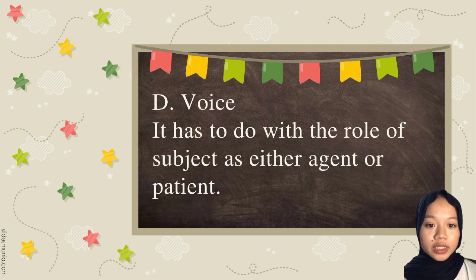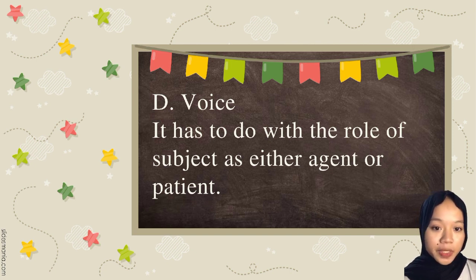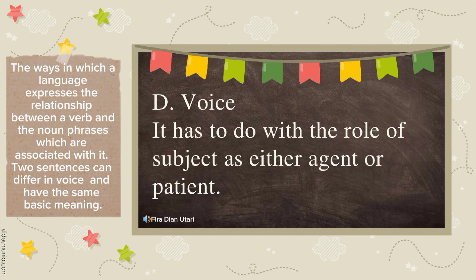Voice has to do with the role of the subject as actor, agent, or patient. It is the way in which a language expresses the relationship between a verb and the noun phrases which are associated with it. Two sentences can differ in voice and have the same basic meaning.